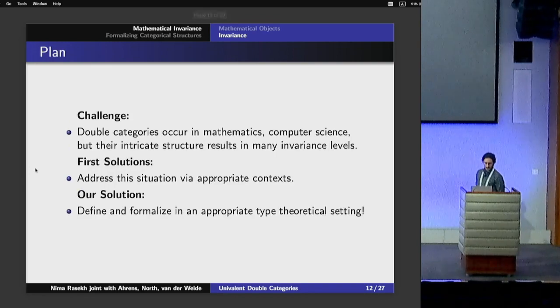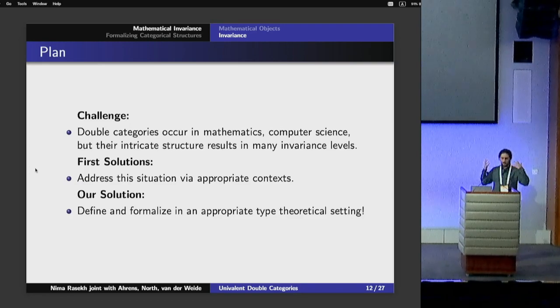So let's summarize the situation. We have a challenge, namely, we have this interesting mathematical notion that appears in nature that can be studied up to various levels of sameness, depending on what we are trying to do. One solution that is common in classical mathematics is to be really precise and always state, okay, this property holds up to, I don't know, vertical biequivalence, this one up to gregarious equivalence, and so on.